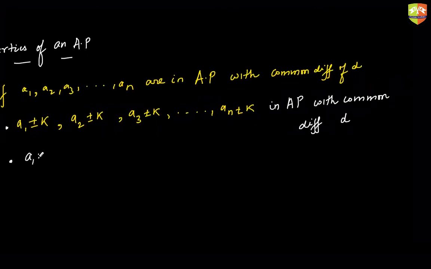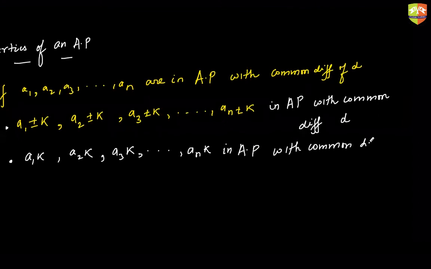If you multiply every term of this arithmetic progression with a K, let's say K is a non-zero constant, will it still be in AP? Yes, it will still be in AP with common difference multiplied with K. Right. Common difference is KD.